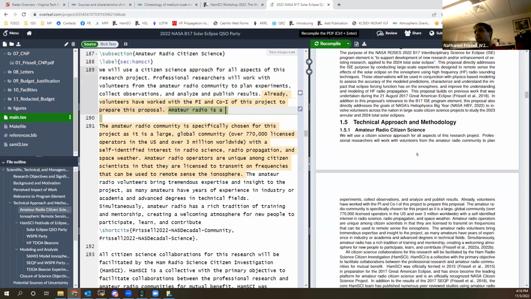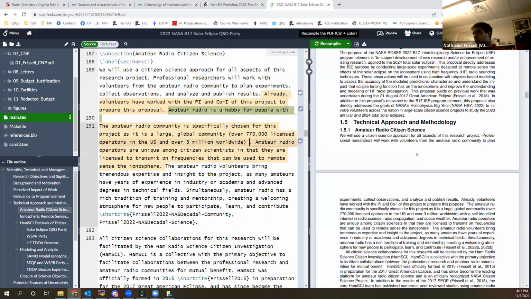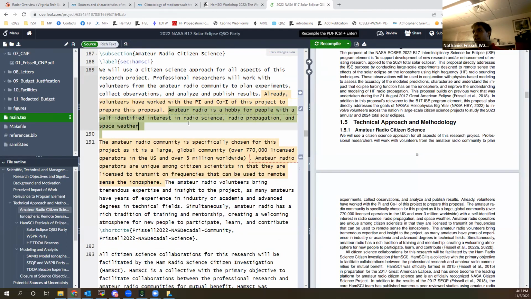Amateur radio is a hobby for people with a self-identified interest in radio science, radio propagation, and space weather.